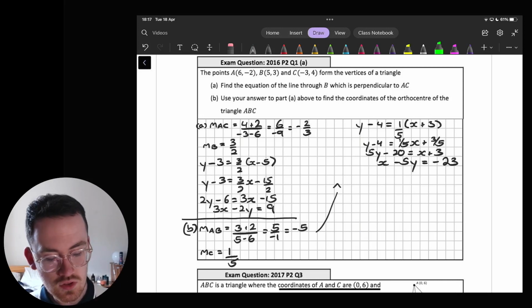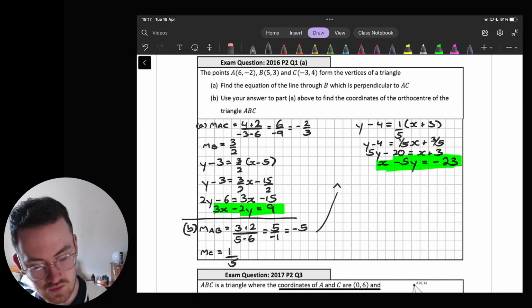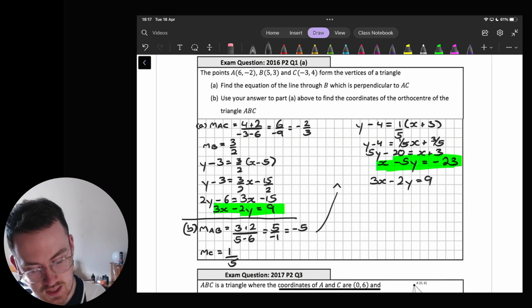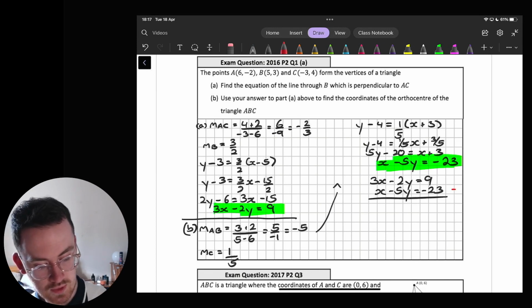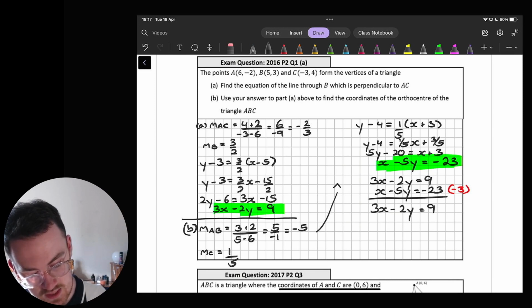So taking those two lines now, so this one here and the one from the first part, we can rearrange those in a simultaneous equation. 3x minus 2y equals 9, x minus 5y equals minus 23. We're going to multiply this bottom one by minus 3 in order to have the x's lined up. 3x minus 2y equals 9, minus 3x plus 15y equals 69.